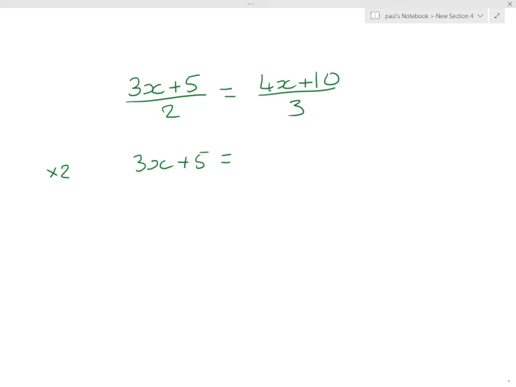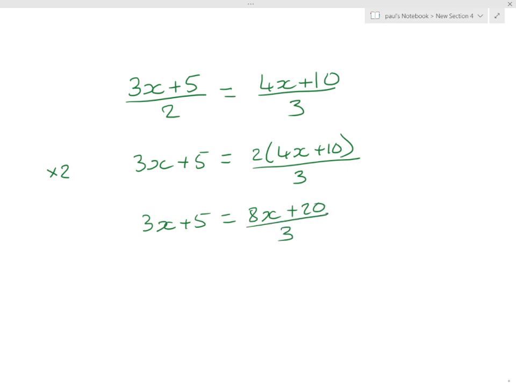Now multiplying by 2, I'm going to go 2 times 4x plus 10 over 3. I'm then going to expand the brackets, which is 8x plus 20 divided by 3. Now I'm going to multiply by 3, which will give me 3x plus 5 equals 8x plus 20.